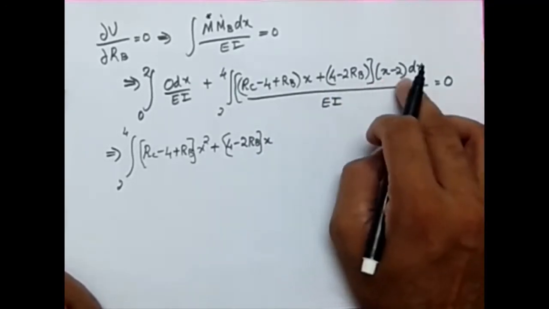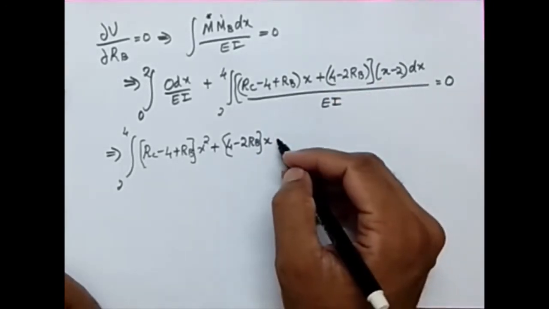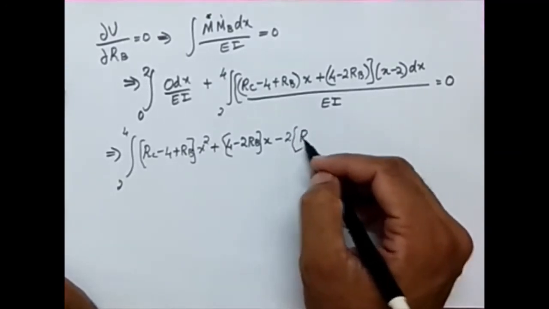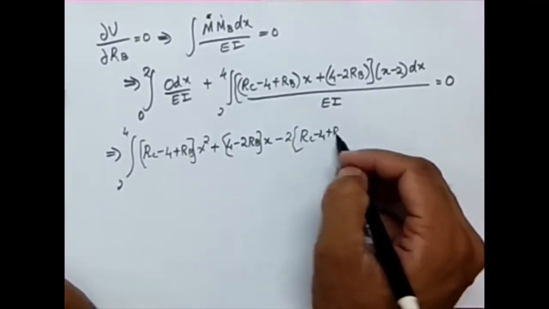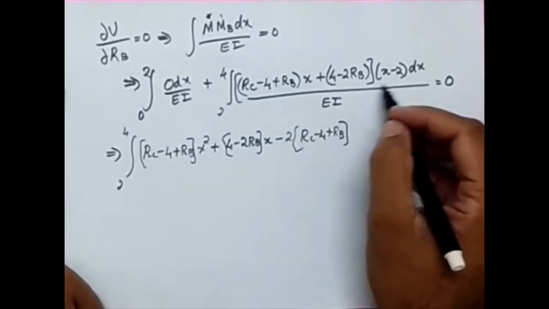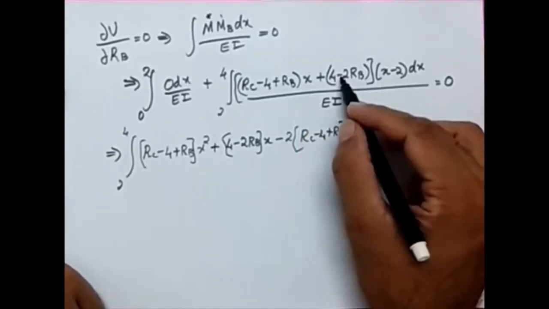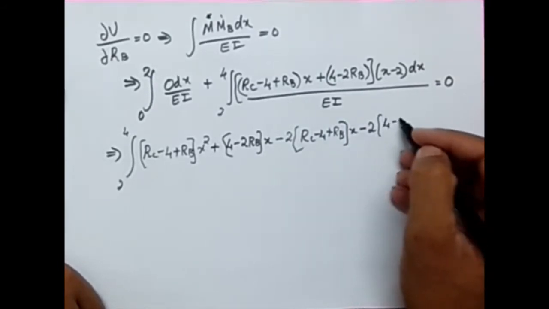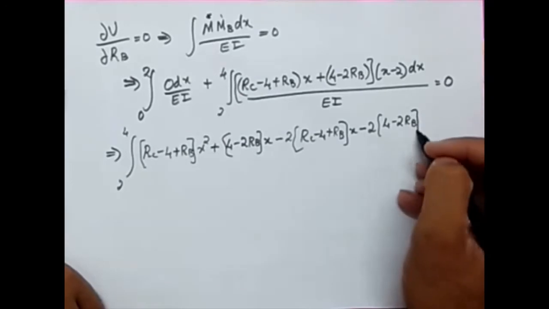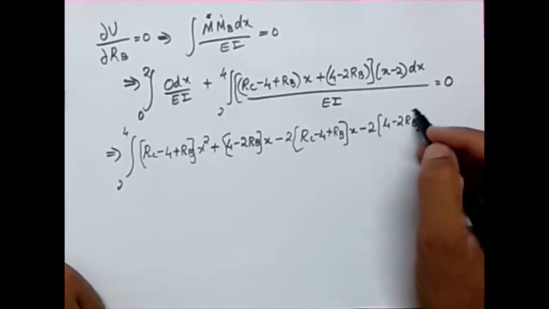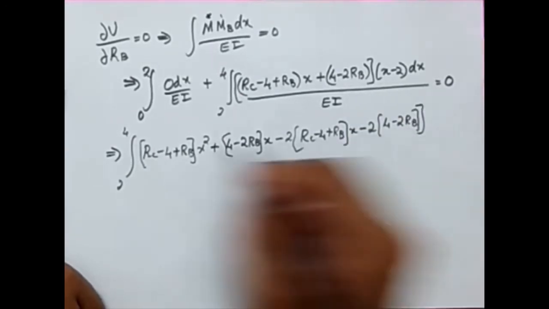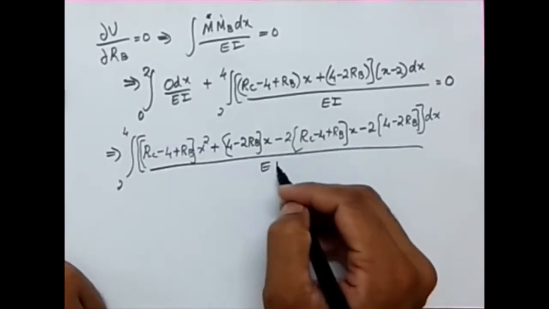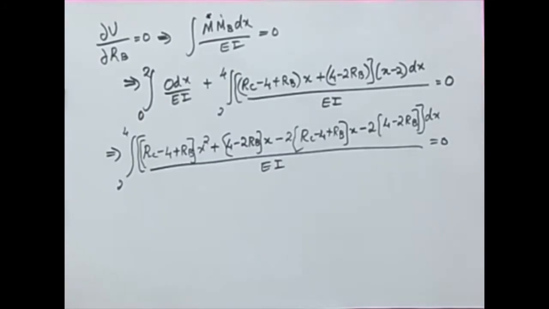Okay, so that is done. Now I need to multiply it with minus 2. So minus 2 rc minus 4 plus rb x, then multiply with this. So minus 2 times 4 minus 2 rb dx by ei equal to 0.